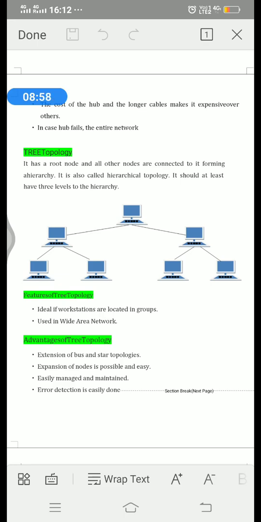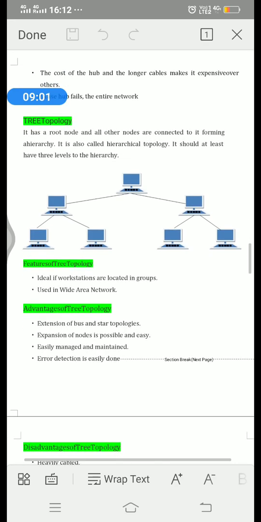Okay, now what are the features of tree topology? Ideal if workstations are located in groups. Yes, like if you can see here, there are 2 computer labs. So one branch of the tree may indicate your first computer lab, then the second branch of the tree may indicate the second computer lab, then the main server is connecting the server of computer lab 1 and computer lab 2, like this.